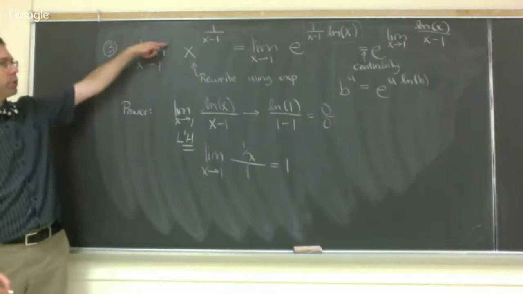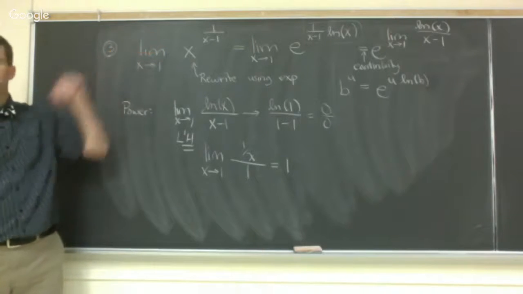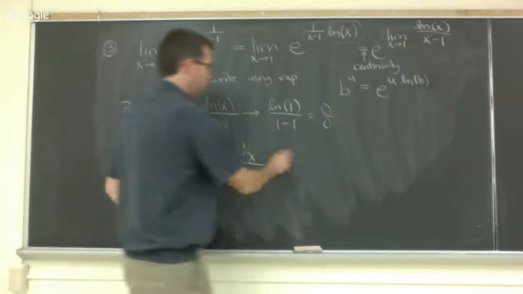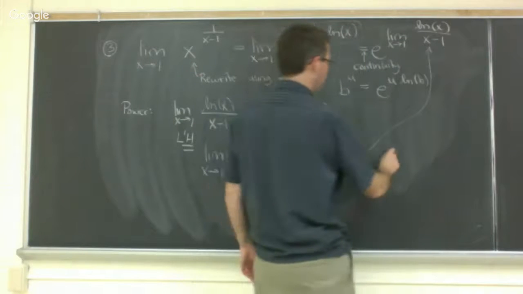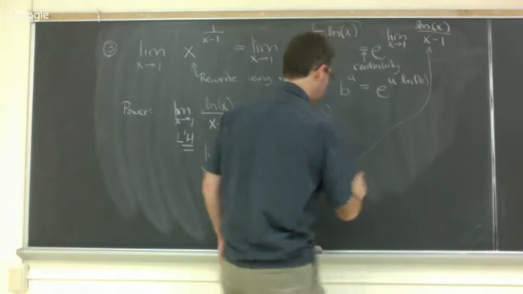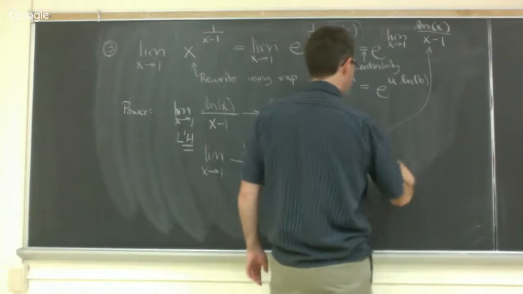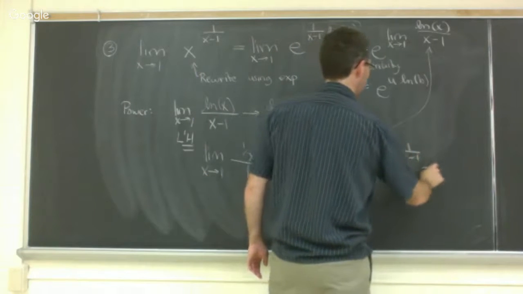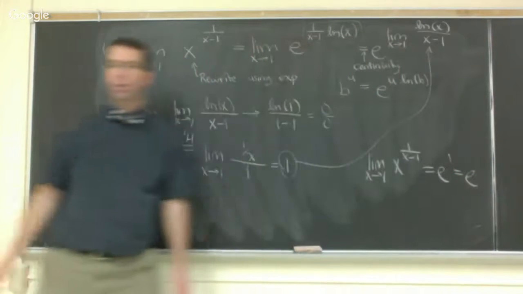And so the original limit is going to be e to the 1. So this 1 gets plugged in there, and so our answer: the limit as x goes to 1 of x to the 1 over x minus 1 is just the number e.